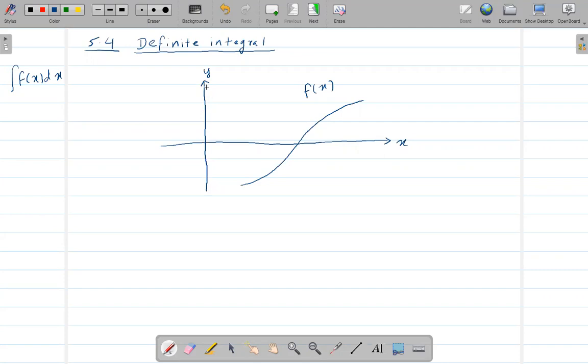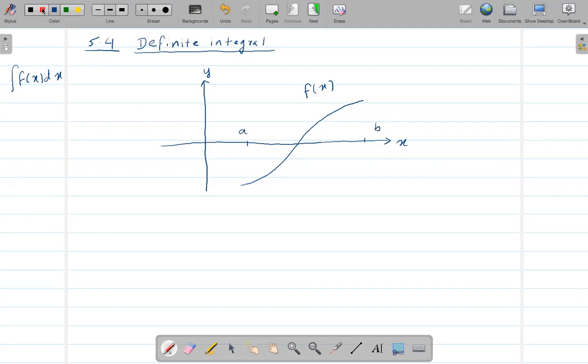So let's say there is a graph, and this is the f of x function graph. And let's say we have an interval a to b.